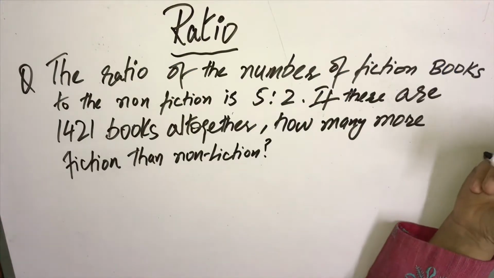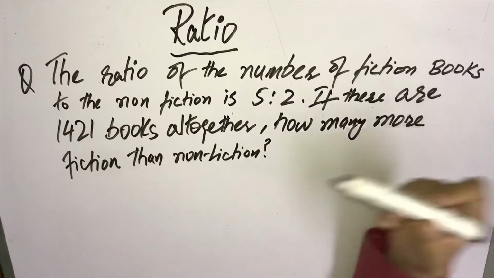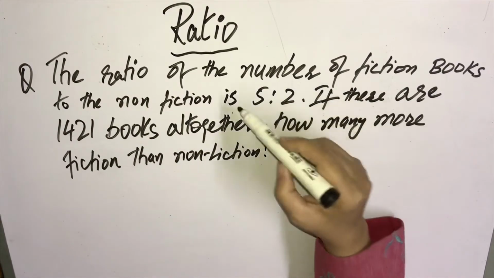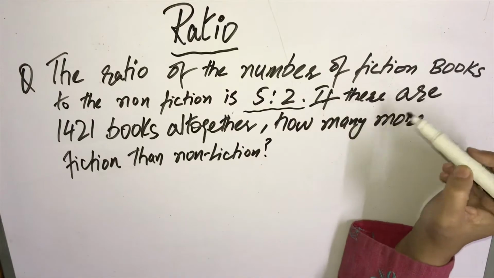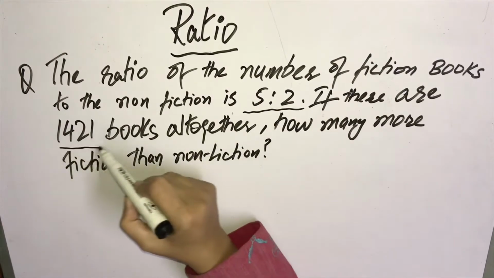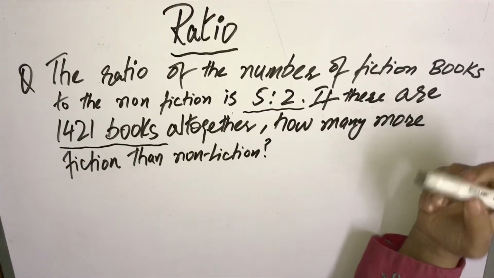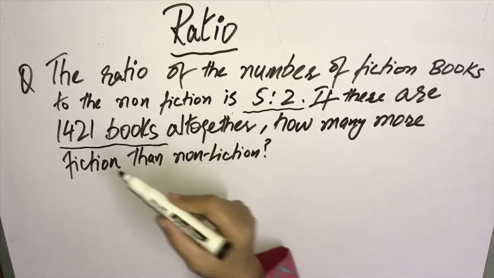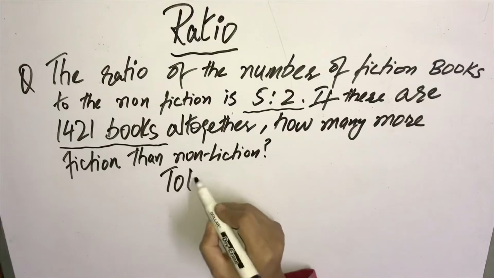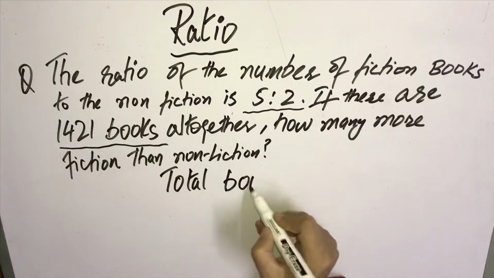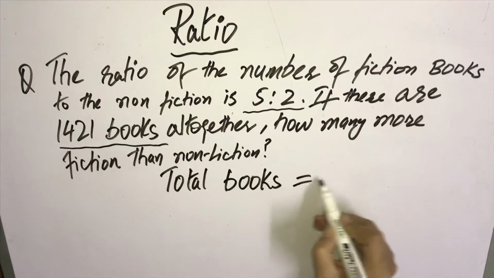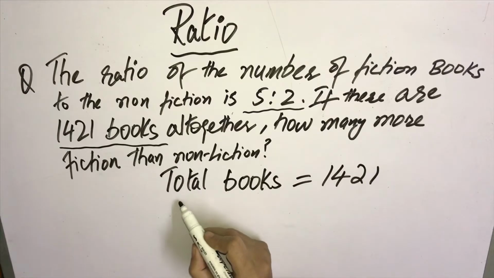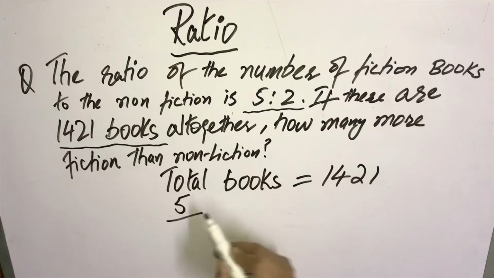Another question is, the ratio of the number of fiction books to the non-fiction books in the library is 5 ratio 2. If there are 1421 total books altogether, how many more fiction books are there than non-fiction? I have total books 1421. 5 books out of the total books.